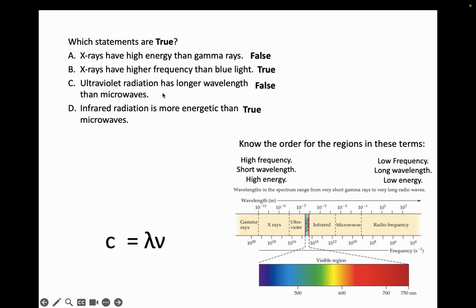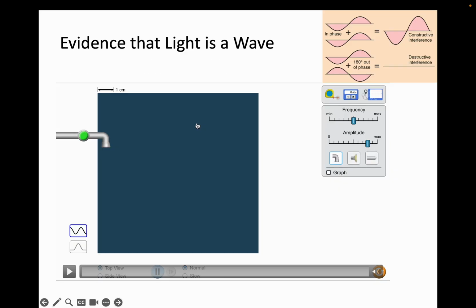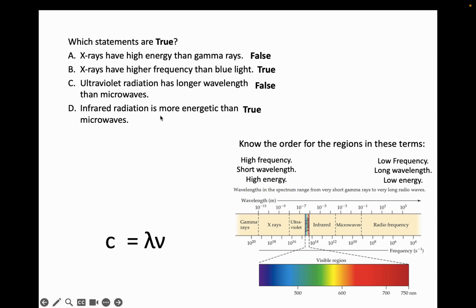Ultraviolet versus microwaves. Ultraviolet is to the left here, which means that it has a shorter wavelength, higher frequency. And then finally the infrared, we're considering a comparison there. So this whole setup right here, this would be how this could show up in a multiple choice question.